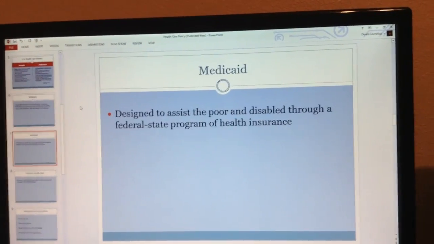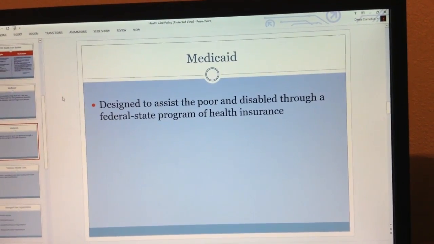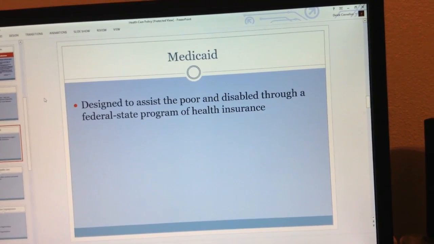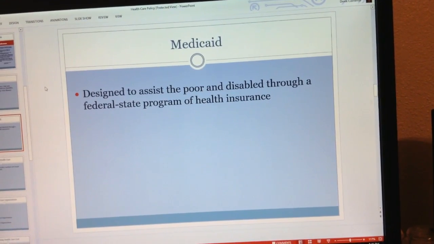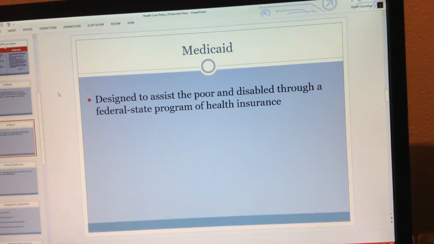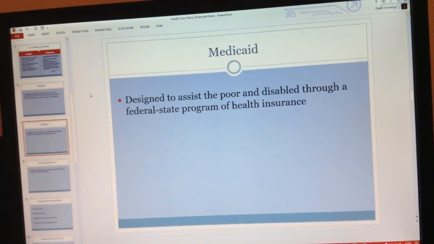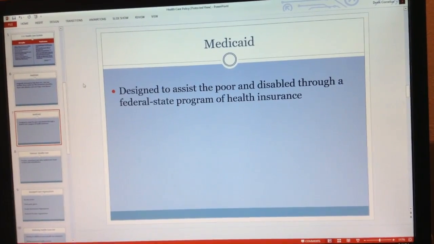And moving on to Medicaid. Medicaid is designed to assist the poor and disabled through a federal state program of health insurance. The government established standards for hospital services, outpatient services, physician services, and lab services.